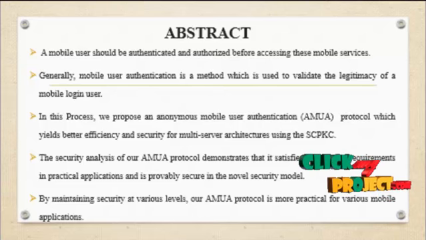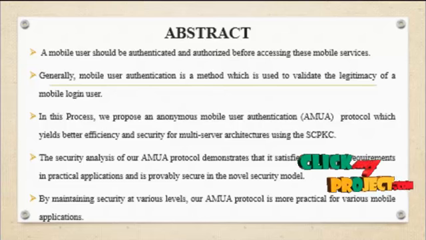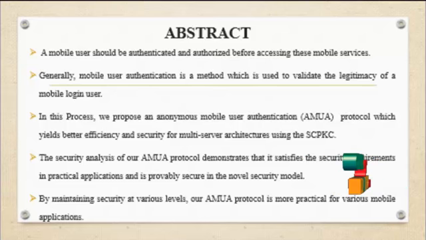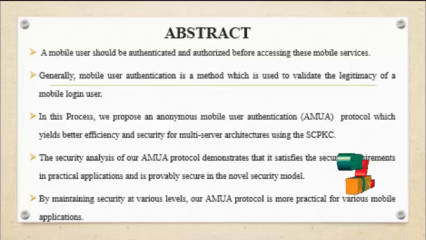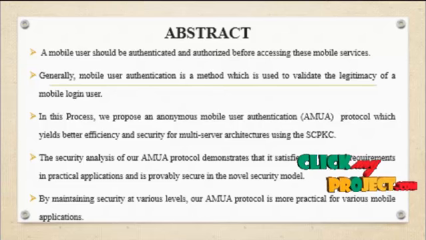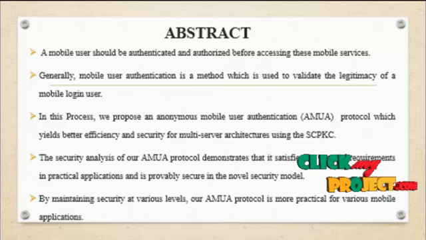A mobile user should be authenticated and authorized to cross these multiple servers. Generally, mobile user authentication is a method used for validating mobile login users. In this process, we propose an anomalous mobile user authentication, that is the AMA protocol, which yields better efficiency and security for the multi-server architecture using SCPKC.